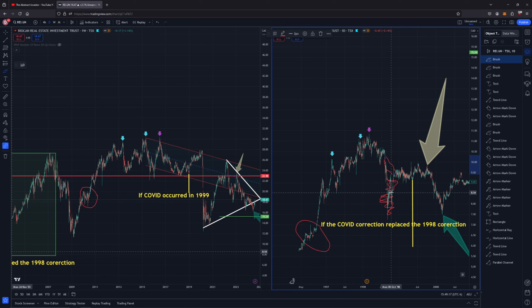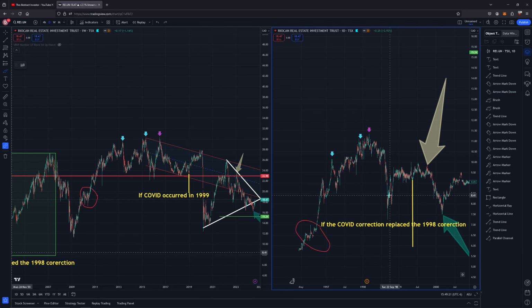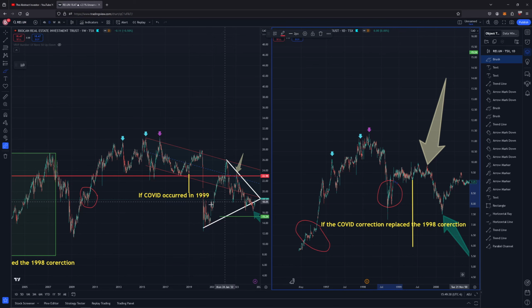If we took off that scribbling that I just did and we wanted to see what that correction would have looked like from 1998 to the chart where it would have happened in 2018, then it would have only come down to about the $19.60 range. But instead, it actually went even deeper. The COVID correction went a lot deeper.